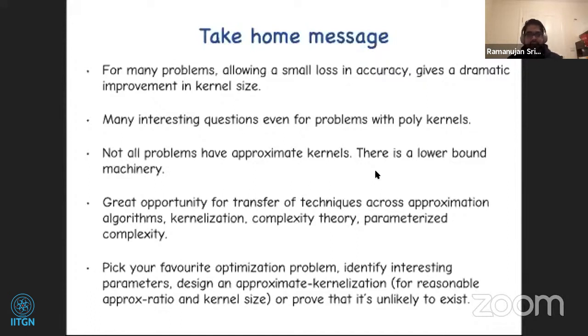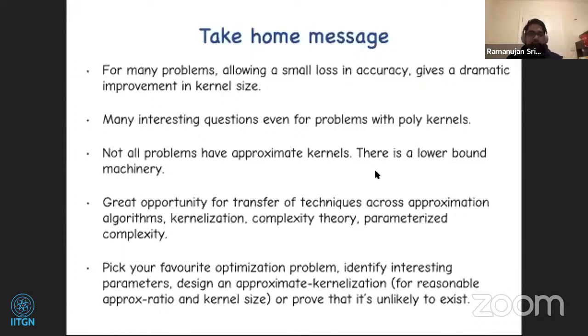Now, of course, as the field has progressed, you would have seen in the last few years, there's a lot of interesting technique transfer, cross collaboration between people in parameterized complexity, approximation, intractability, and so on. So here is another line of research where such collaborations could prove fruitful.